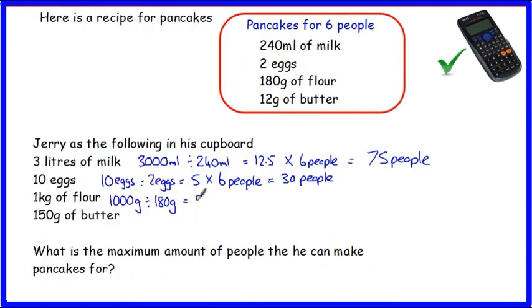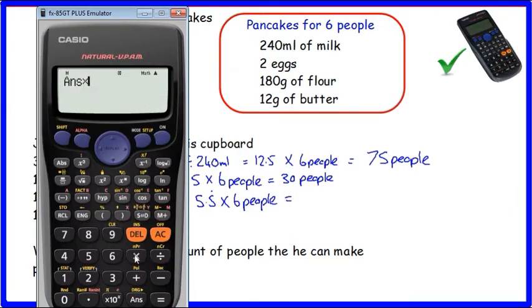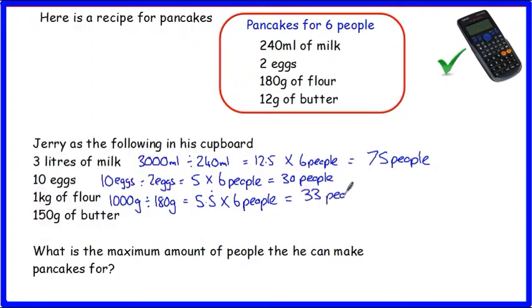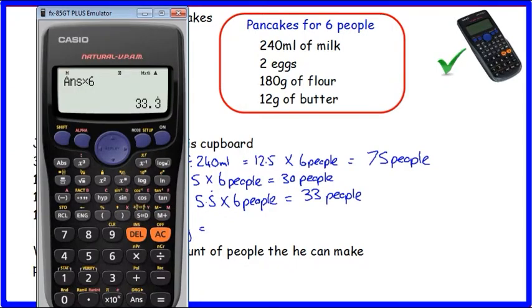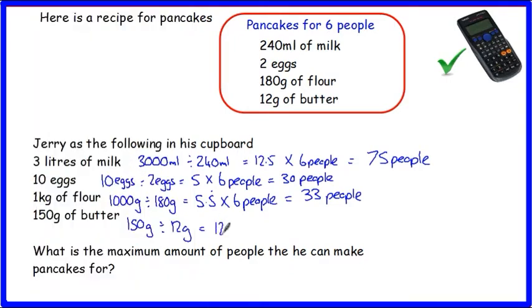Times by 6 people. And the last, 150 grams. And 50 divided by 12 gives me 12.5 again.